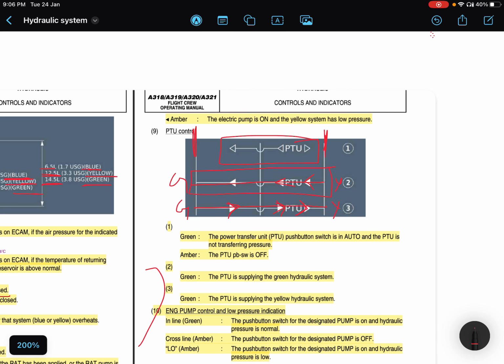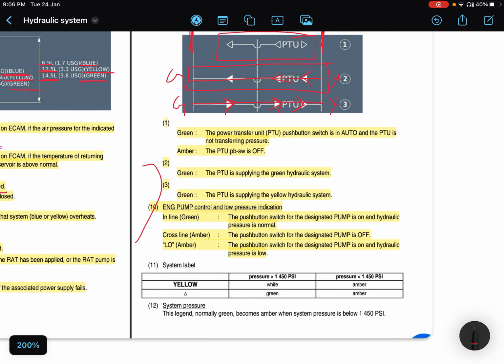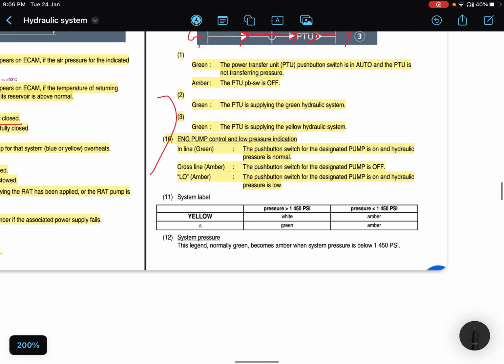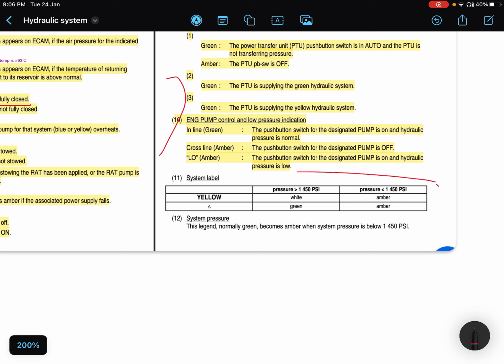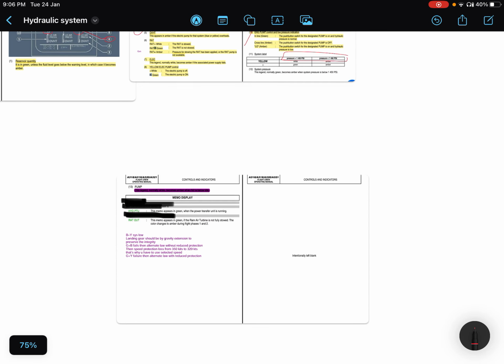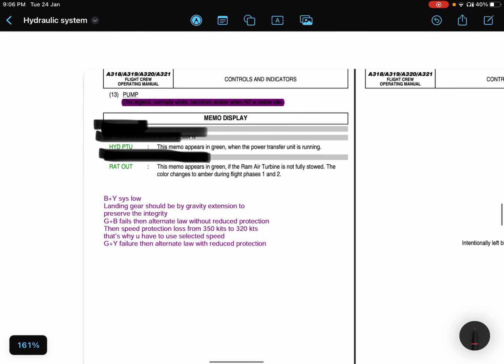Okay. I have told you about the pressure already, and here the chapter ends. These are some memos. Hydraulic PTU: this memo appears in green when the power transfer unit is running.